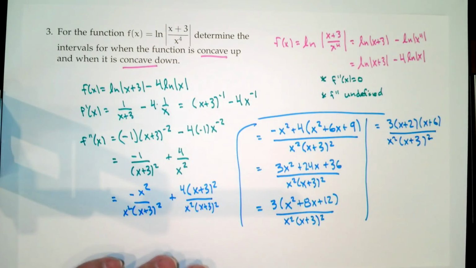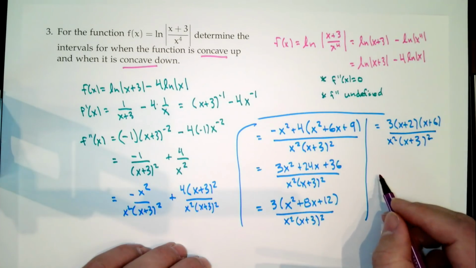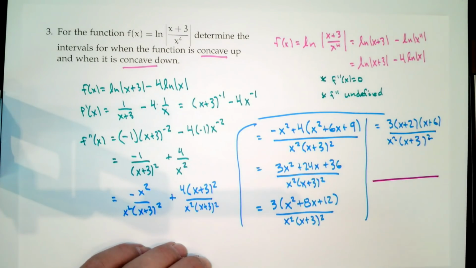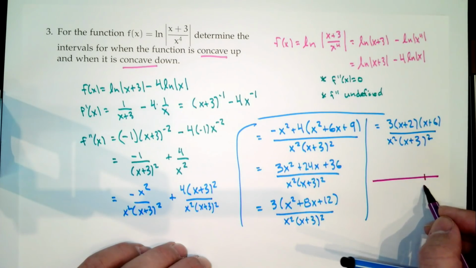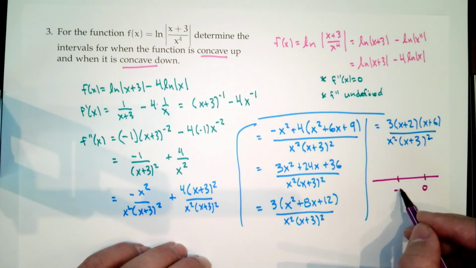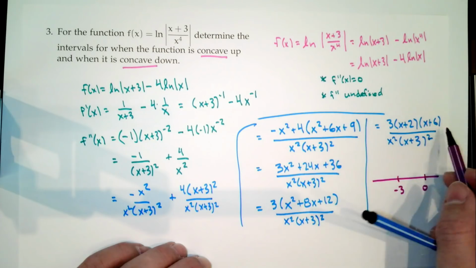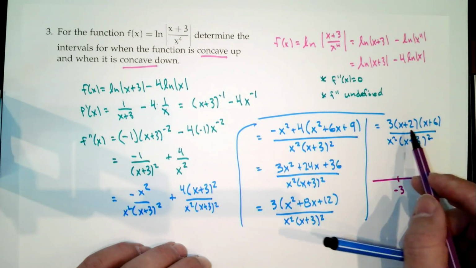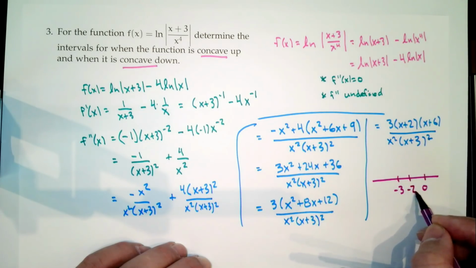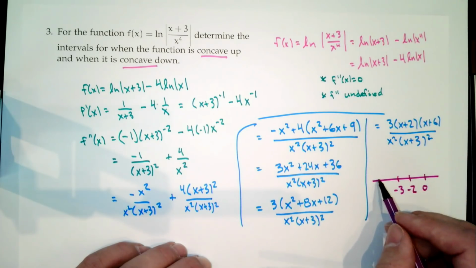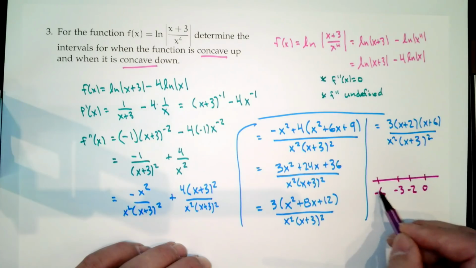Now, we're almost ready. So, to finish it off, what do we need? We draw our number line, and let's talk about what points matter. Well, downstairs, I see a 0, and I see negative 3. Upstairs, what do I see? x plus 2, well, that'll be 0 at negative 2, and x plus 6 will be 0 at negative 6.